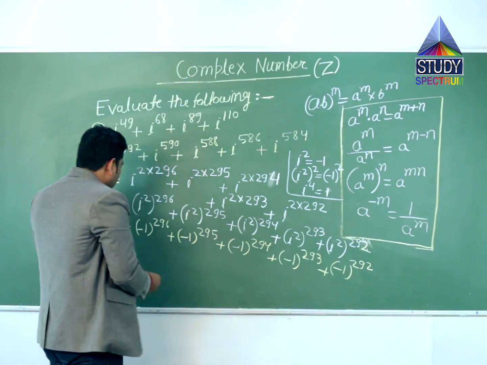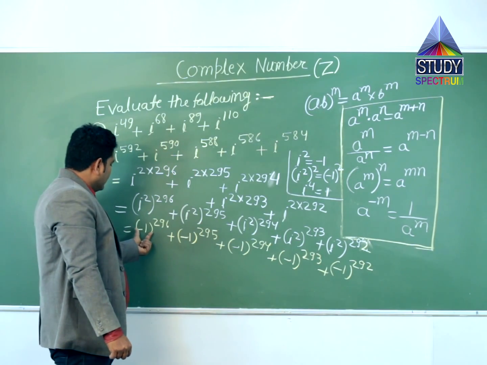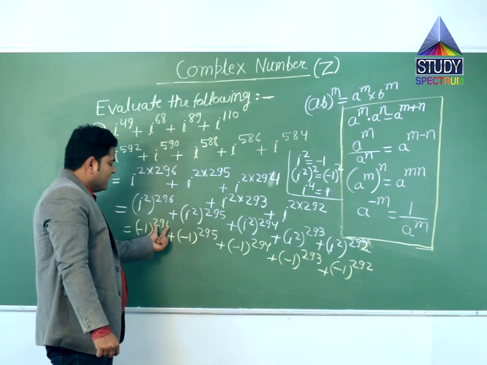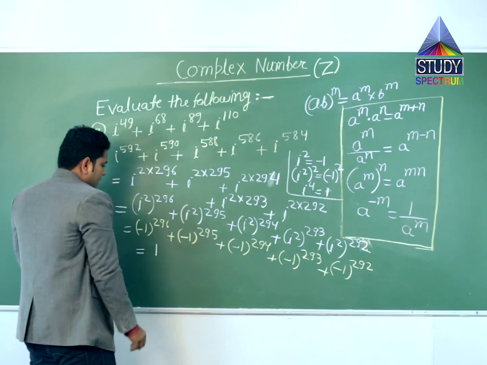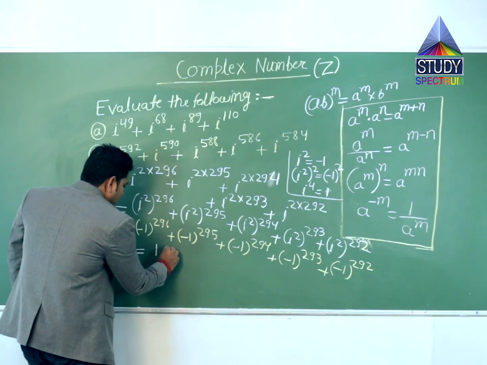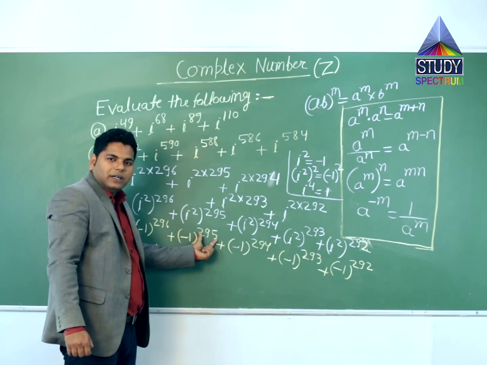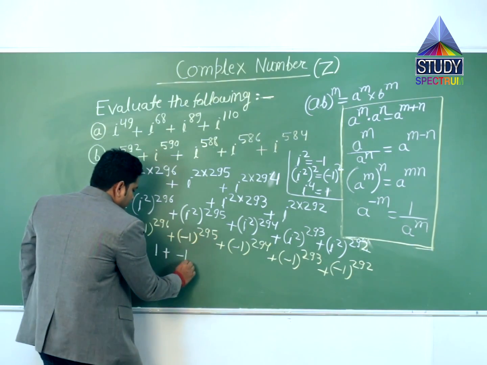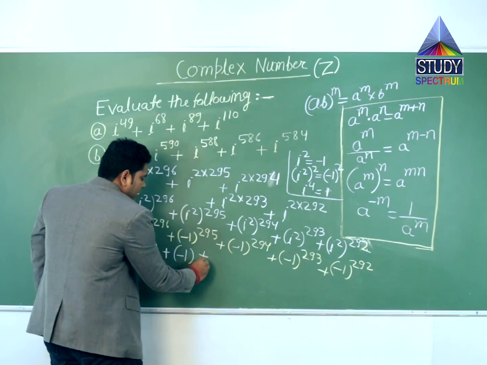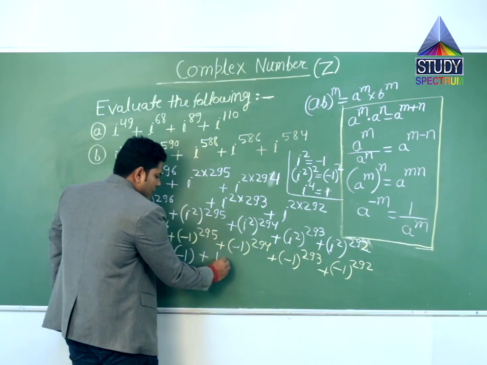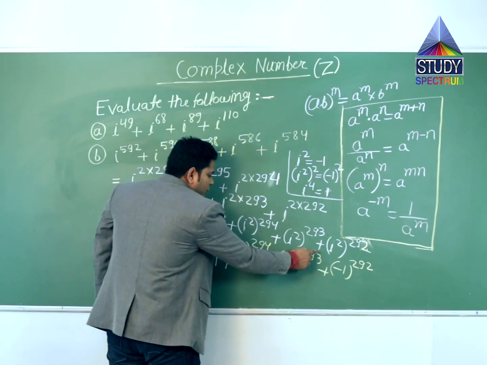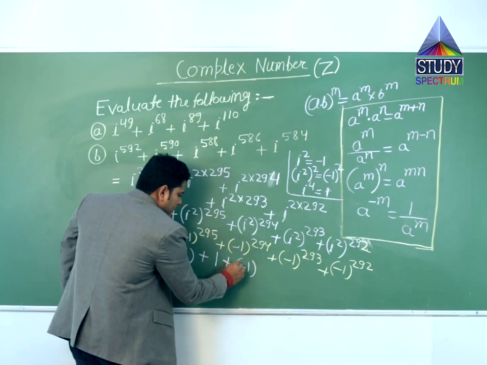Okay, so here minus 1 to the power even number, so we'll get plus 1. Here it is plus, and minus 1 to the power odd number, so we'll get minus 1. Here we have minus 1 to the power even number, so we will get plus 1. Here minus 1 to the power odd number, so we will get minus 1.